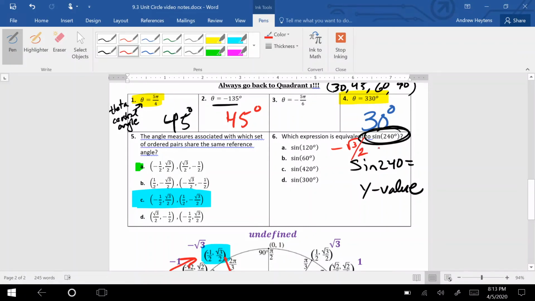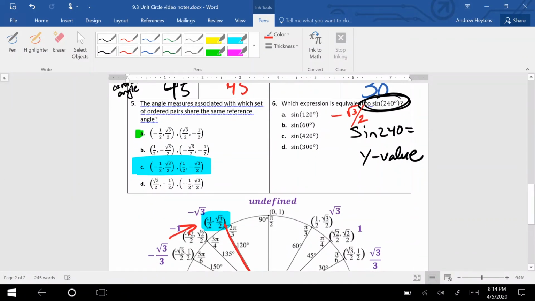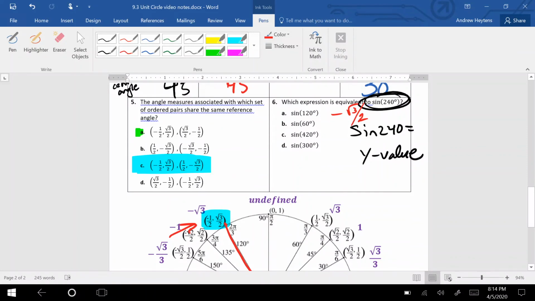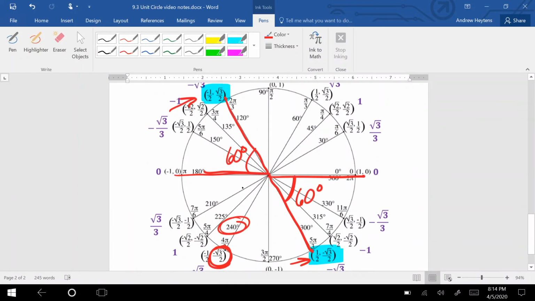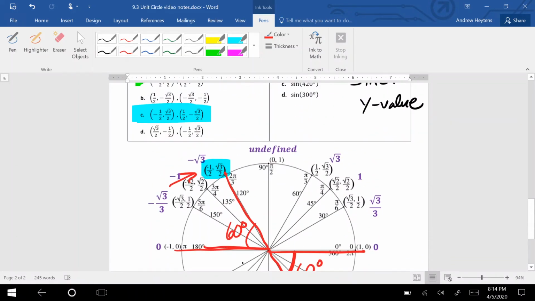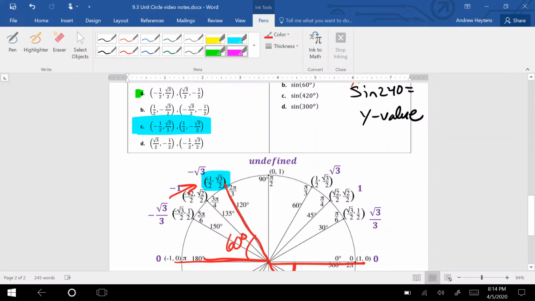So out of my 4 multiple choice options, I need to figure out which one has a y coordinate of negative square root of 3 over 2. And if I do this, I believe it's going to be D, sine of 300.